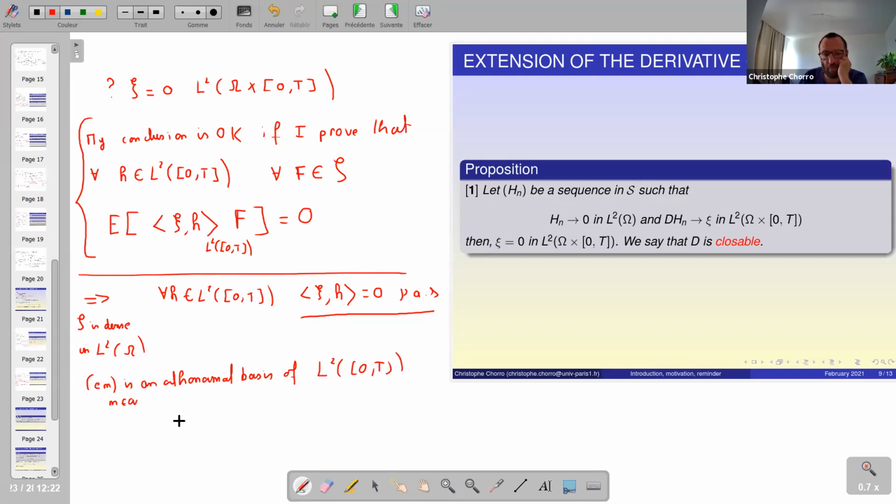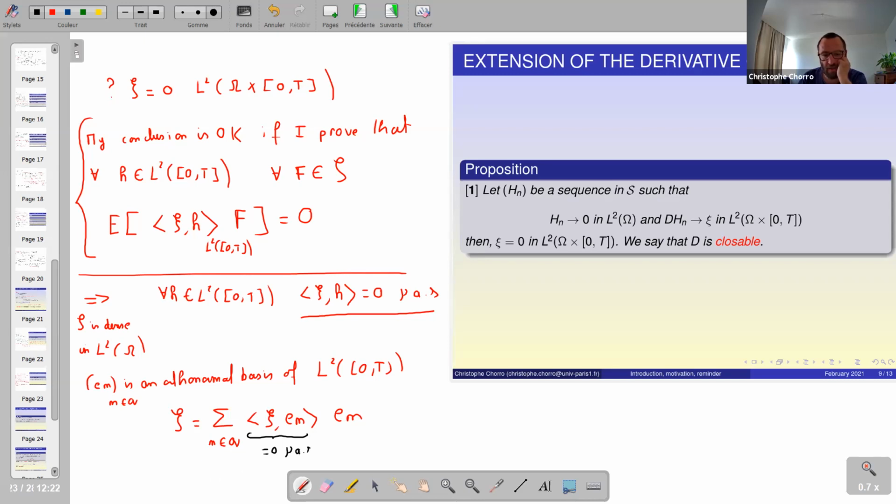Using this orthonormal basis, I can write C as the sum over n of the scalar product of C with En times En. And from what I have shown previously, these terms are equal to 0 mu almost surely.